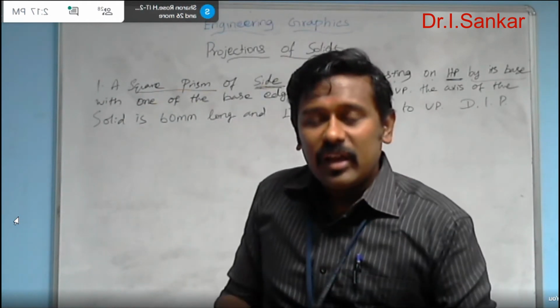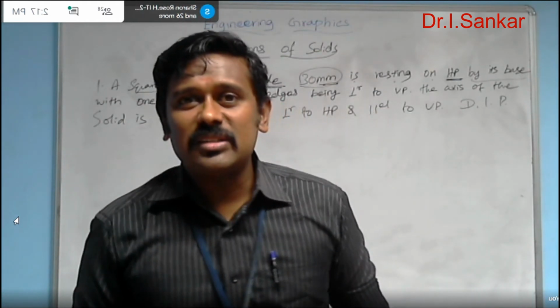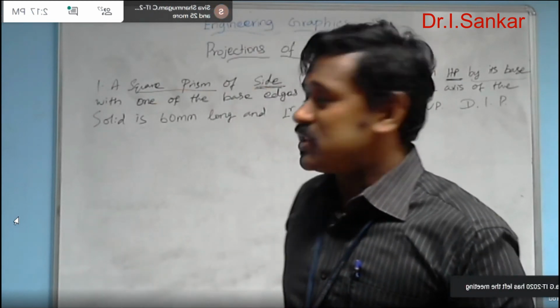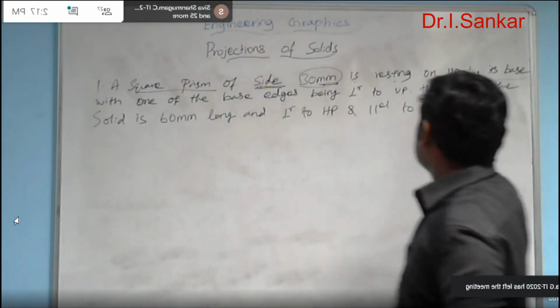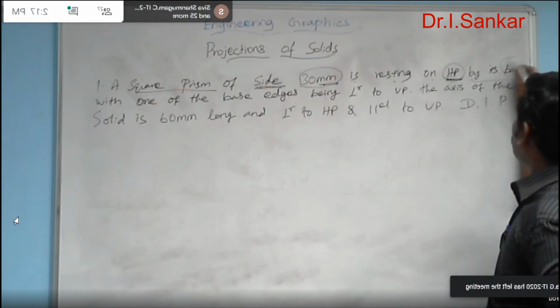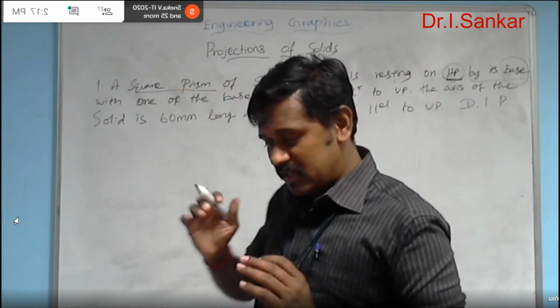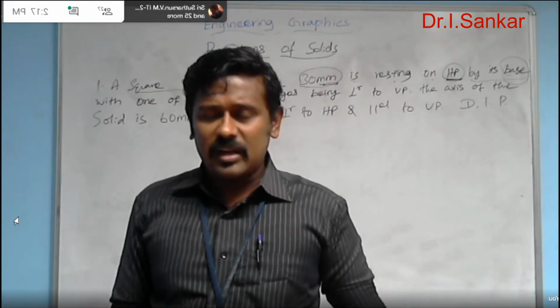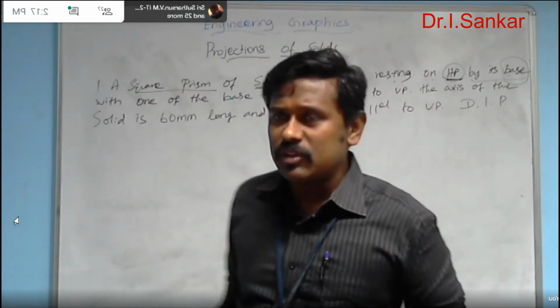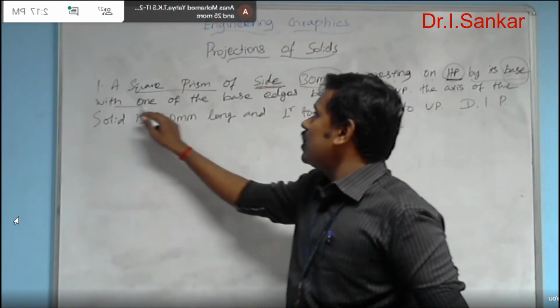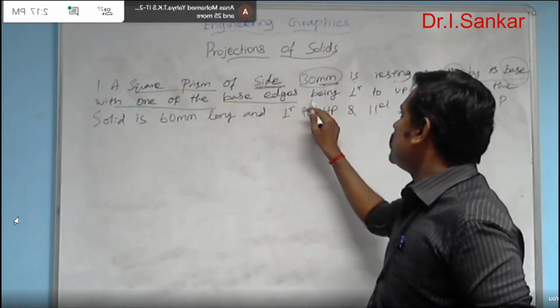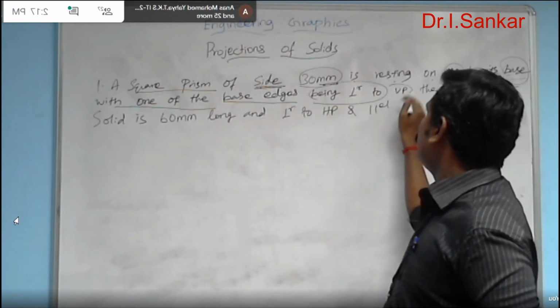Among all these, under which possibility is the solid resting in the current question? It is resting on the horizontal plane by its base. Are any further conditions given along with that? Yes, with one of the base edges being perpendicular to VP.